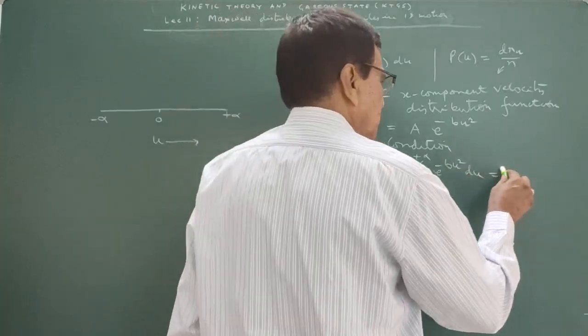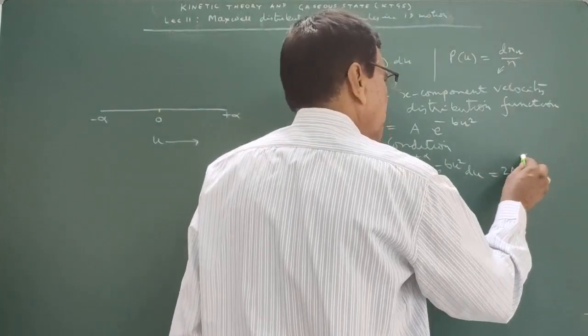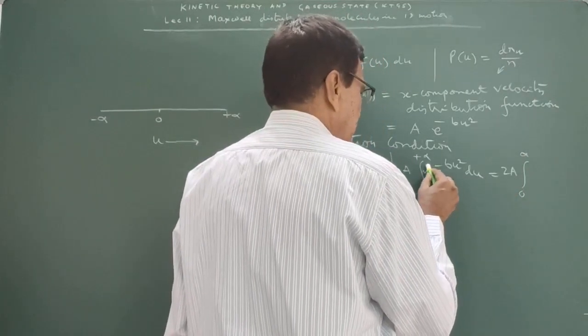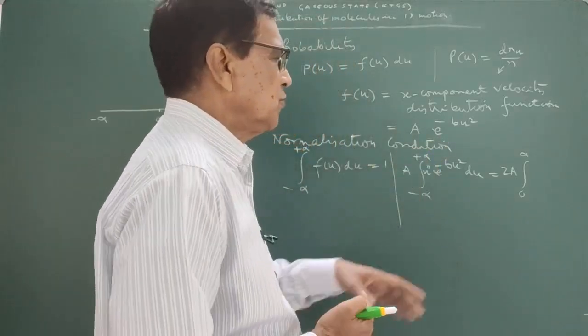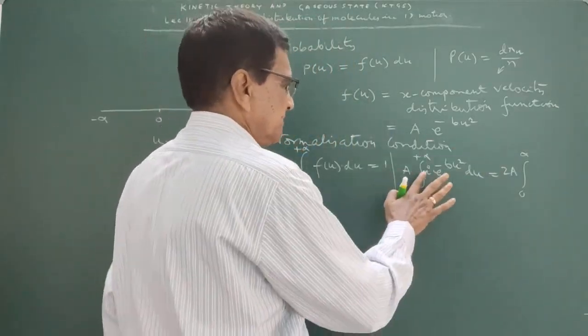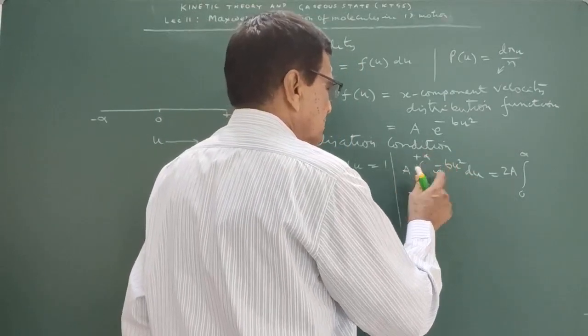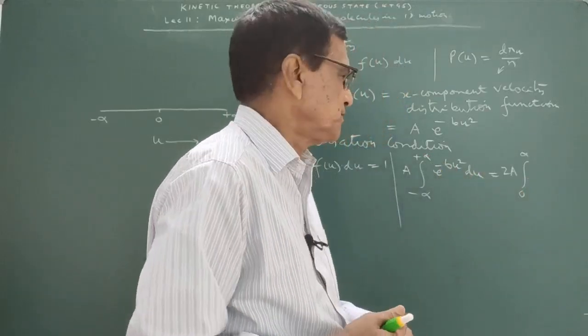And this value we can write as 2A times the integral from 0 to infinity, as here u to the power 0, and whenever the power is even, it could be written in this fashion. If the power becomes odd, then the whole integral will be equal to 0.